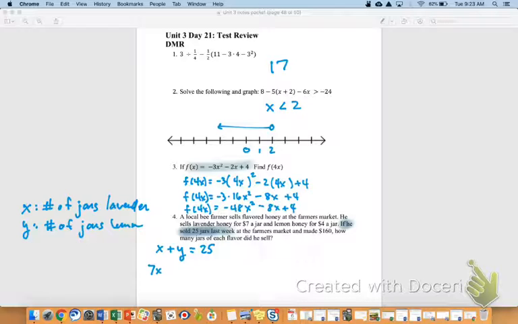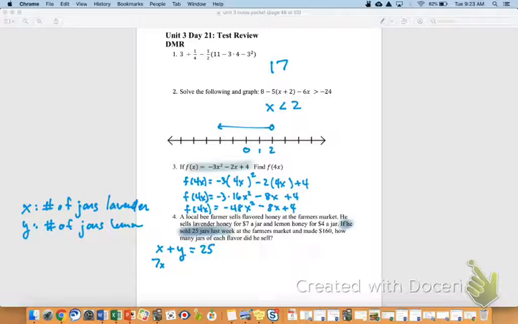So how much would he get for selling Y lemon jars? Don't you just multiply it by how many jars he sold? That's right. How many jars did he sell? We know he sold a total of 25 jars.